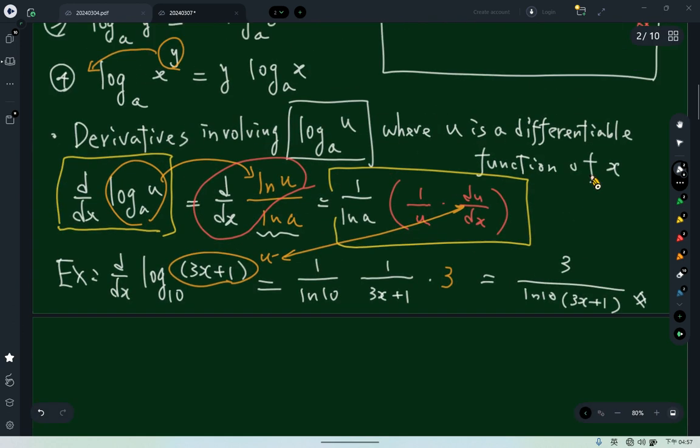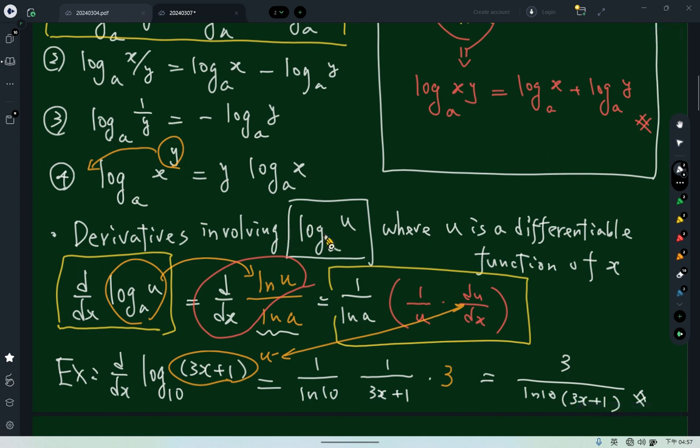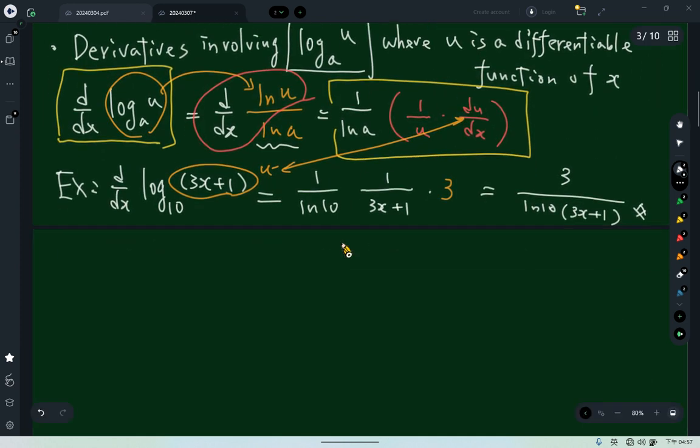Okay, so this is about the derivative involving the general logarithm function. Then, if we face this, this is about how to integrate some function which is related to the general logarithm function.